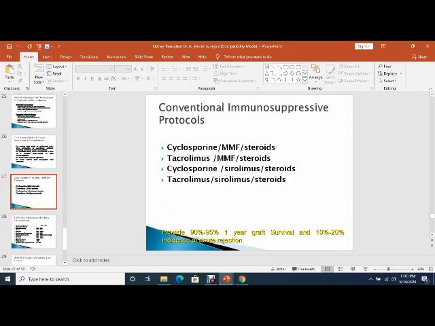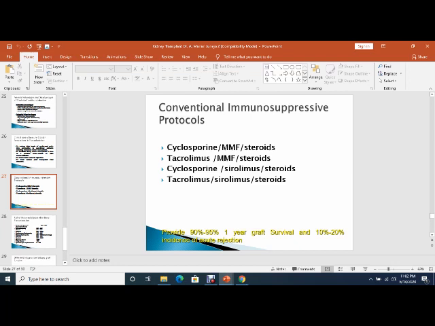After kidney transplantation, patients should take lifelong immunosuppressive drugs to avoid rejections, chronic or acute. Conventional protocols use three drugs: cyclosporin, MMF, steroid, or tacrolimus, MMF, steroids.